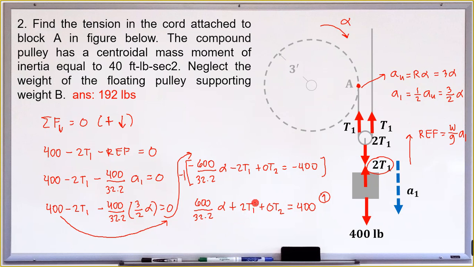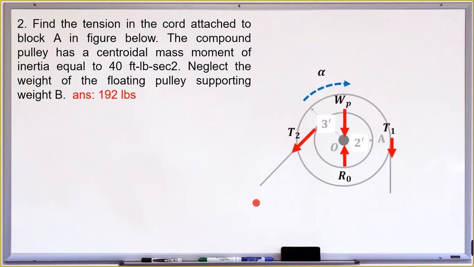Next, we jump forward to the compound pulley. Our compound pulley has its center of gravity, which is also the center of rotation. So rotation is its motion, not rectilinear translation. Therefore, apply the centroidal rotation topic.